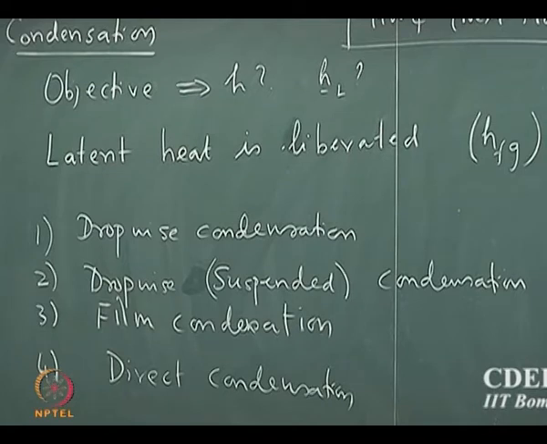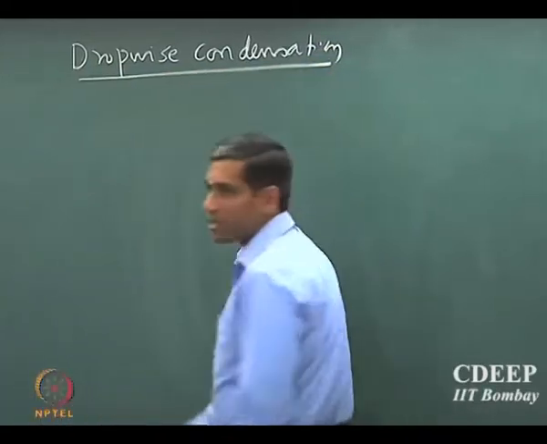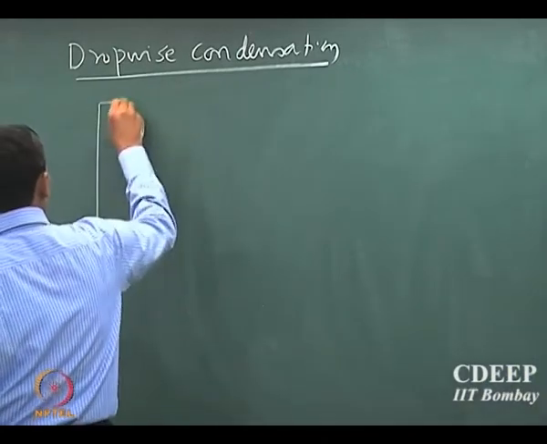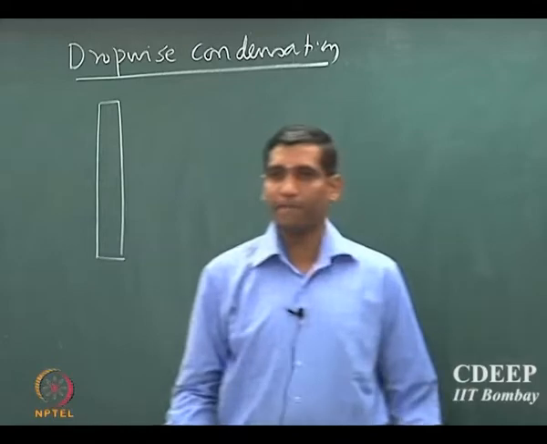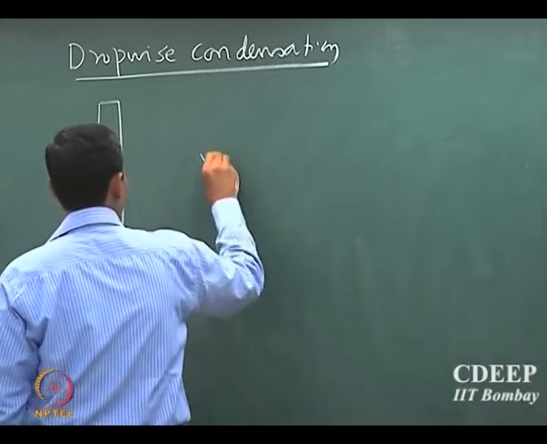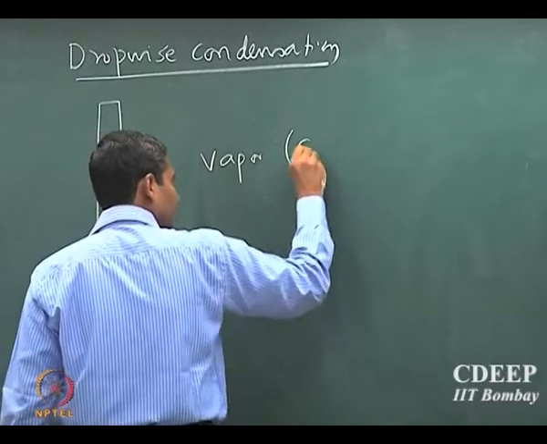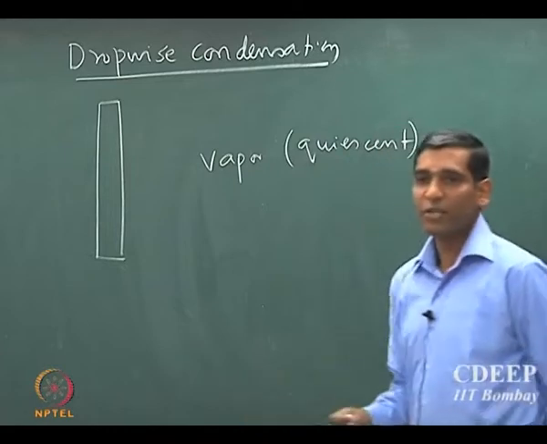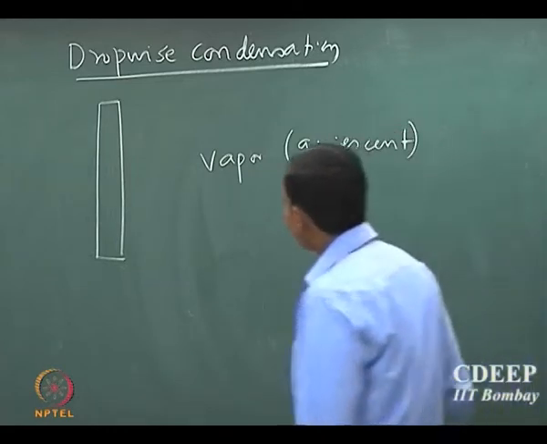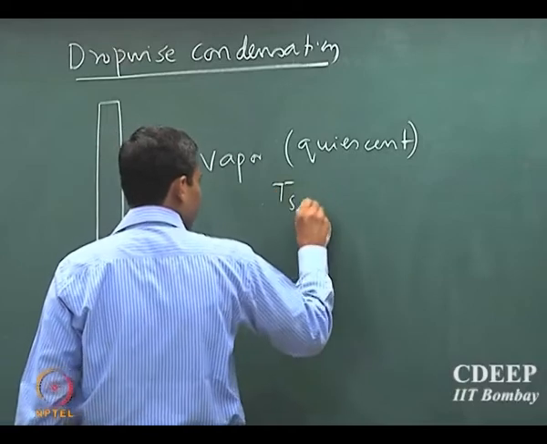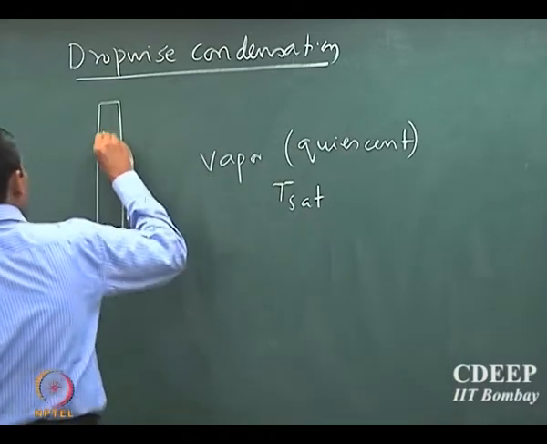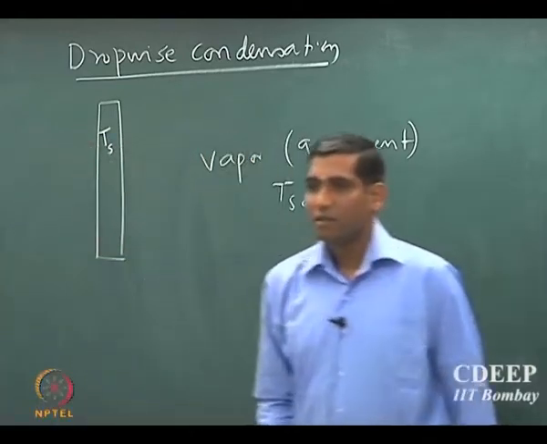So, the first one, dropwise condensation. In a dropwise condensation process, suppose there is a wall, and there is, let us say, vapor which is present, and let us assume that it is a quiescent vapor, which means that the vapors are not moving, just stationary, and the vapor is at some saturation temperature, which is the condensation point, and the temperature of the plate is Ts.